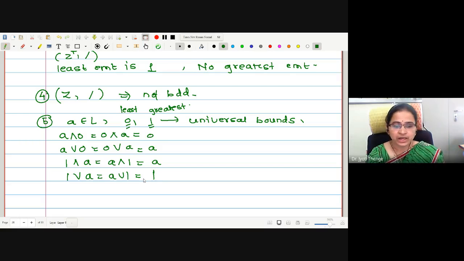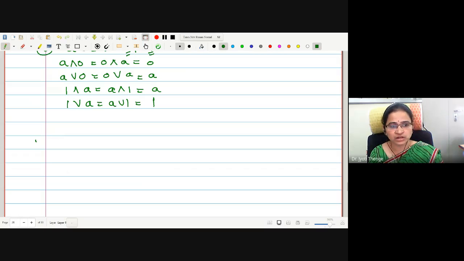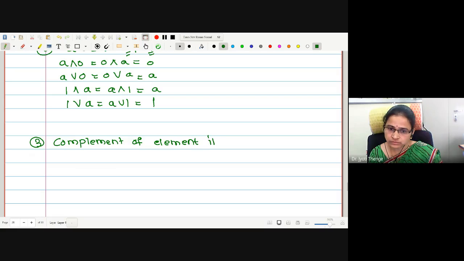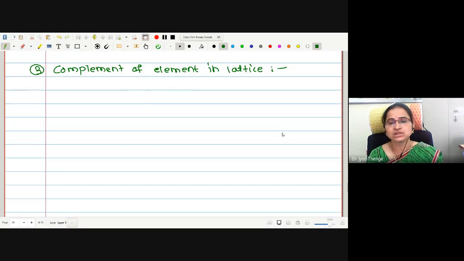Okay. Next, we will go for the third special lattice called the complemented lattice. Before that, we will see what is the complement of an element in a lattice. What is the complement we have studied previously?